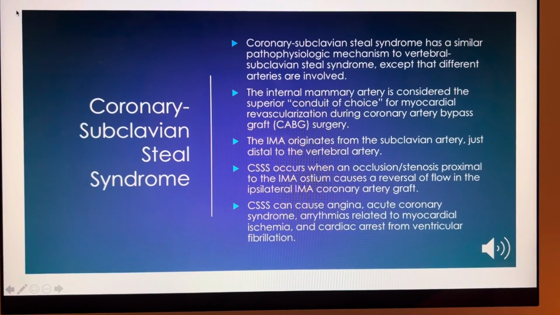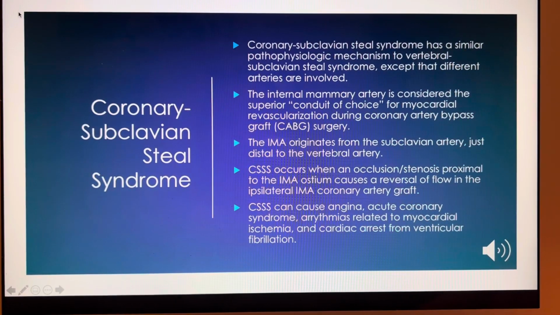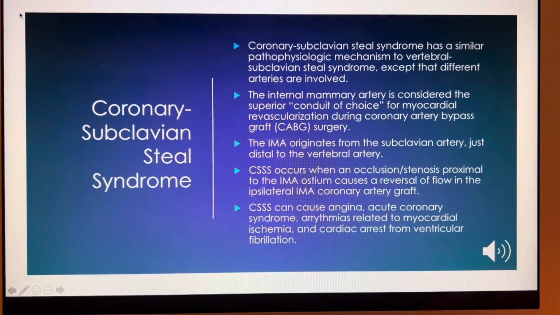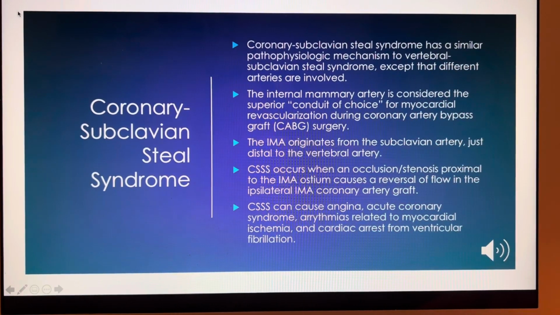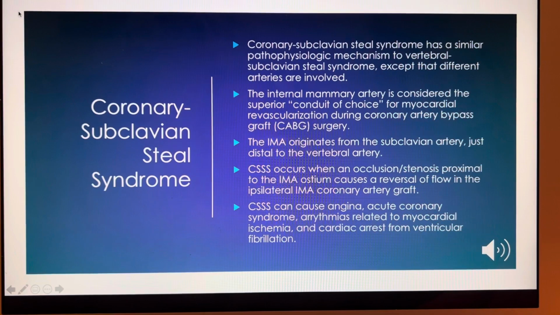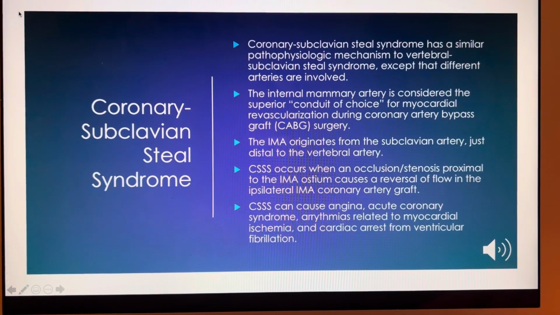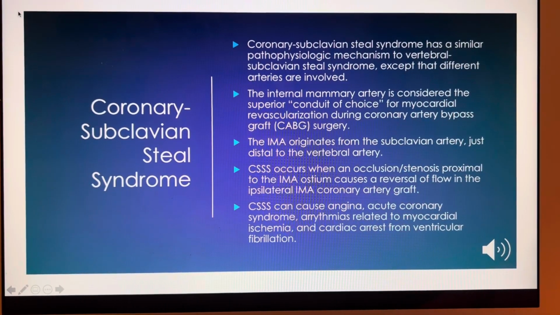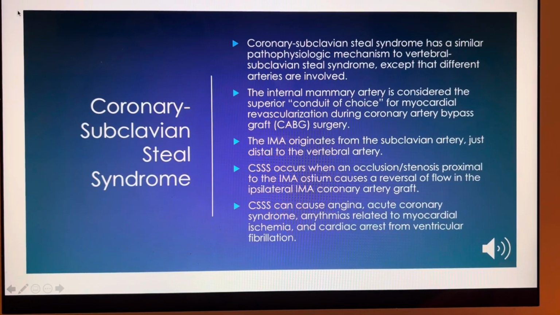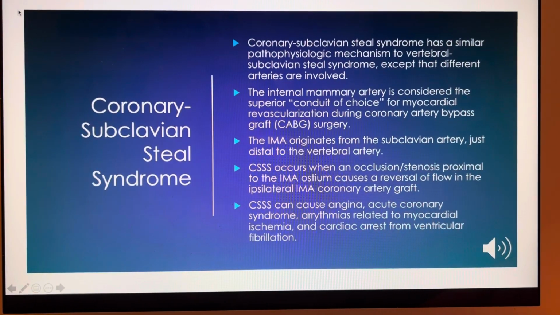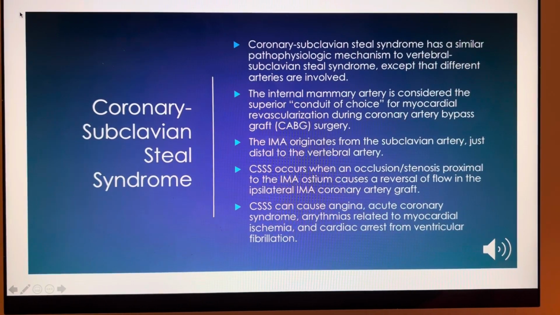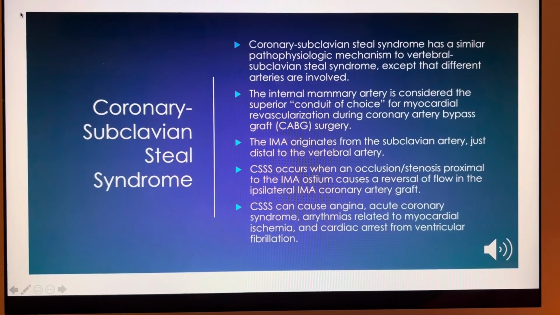The IMA originates from the subclavian artery just distal to the vertebral artery, and coronary subclavian steal syndrome occurs when an occlusion or stenosis proximal to the IMA ostium, so where it meets the subclavian artery, causes a reversal of flow in the ipsilateral IMA coronary artery graft.